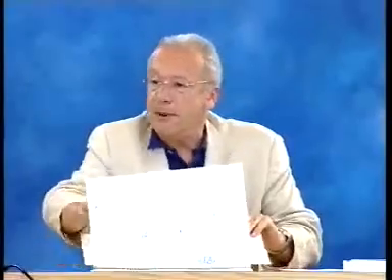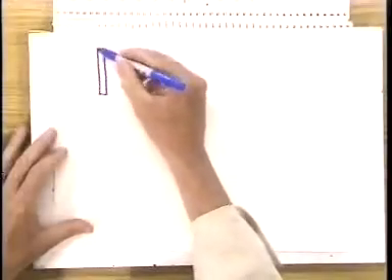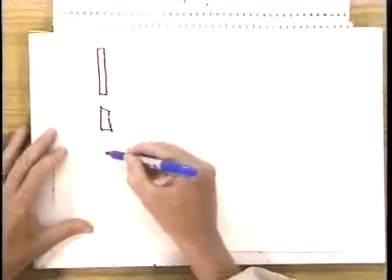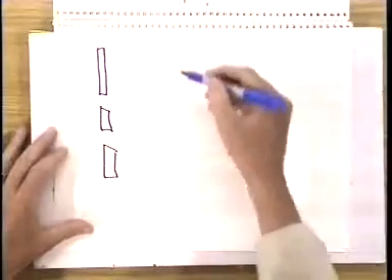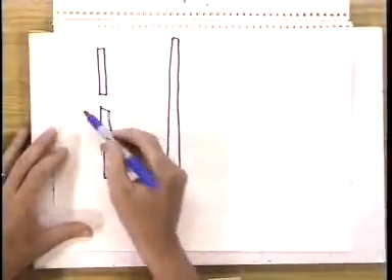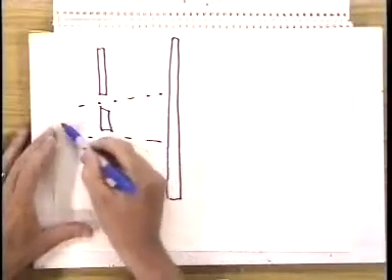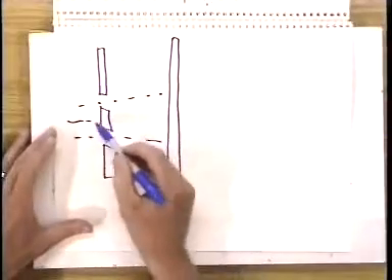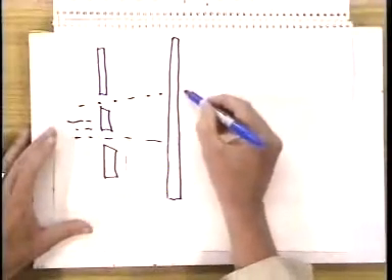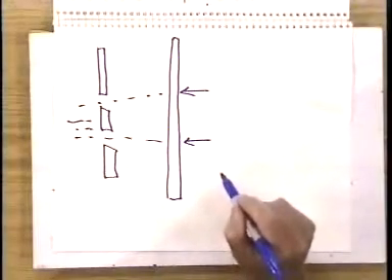What you expect is that if you have an arrangement where you allow both holes to be open, you have your detector, and bullets are coming out through both places, that you'll have two distinct locations where they're going to hit the screen.